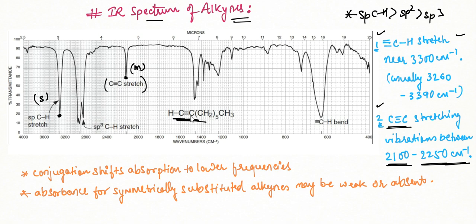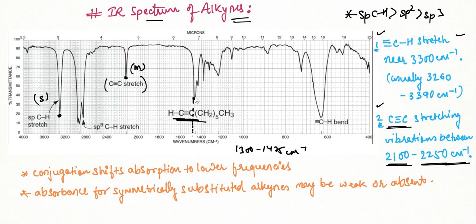Now moving on to the fingerprint region, the bending vibrations. We also have a characteristic bending vibration over here. In the case of alkenes and hydrocarbons we saw CH2 and CH3 bending, which was around 1300 to 1400, basically 1475, and this included both the CH2 and CH3 bending.